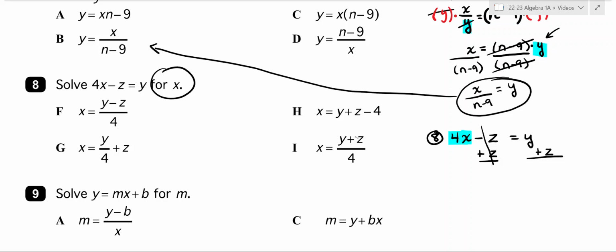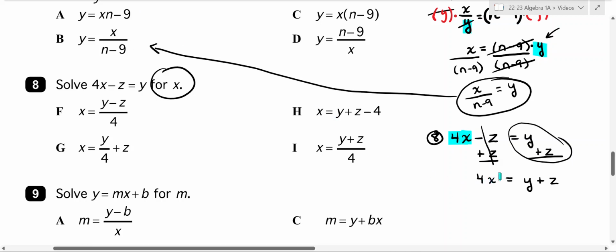These are additive inverses, so they cancel. We have 4x equals, these, they're not like terms, which means we cannot combine them, so we're going to have to write them separately.